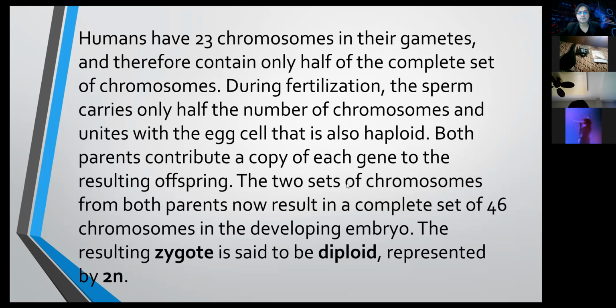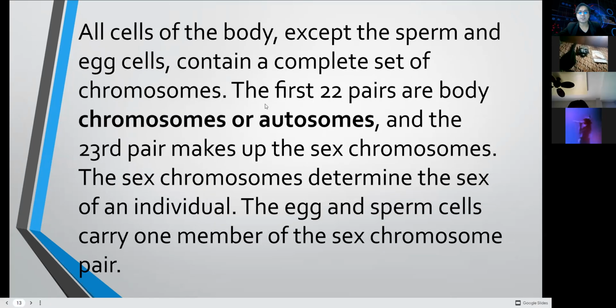All the cells of the body except for the sperm and egg cells contain a complete set of chromosomes. The first 22 pairs, or 44 chromosomes, are called body chromosomes or autosomes. What is the purpose of these autosomes? The 22 pairs are called body chromosomes or autosomes.